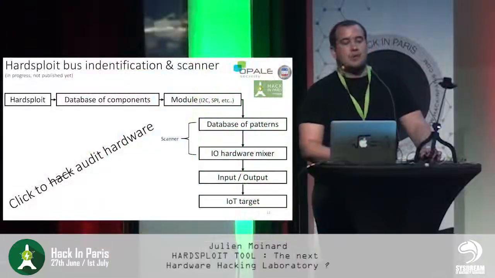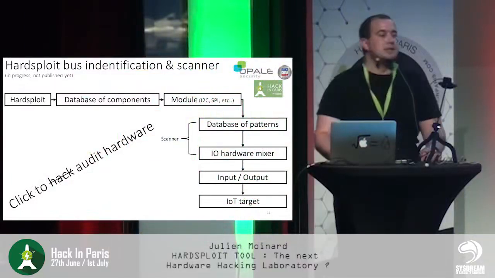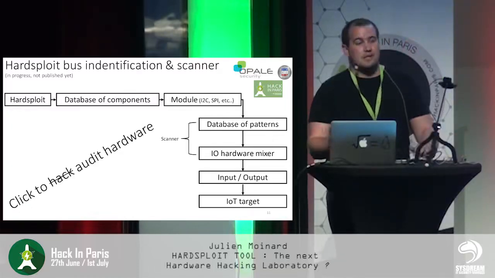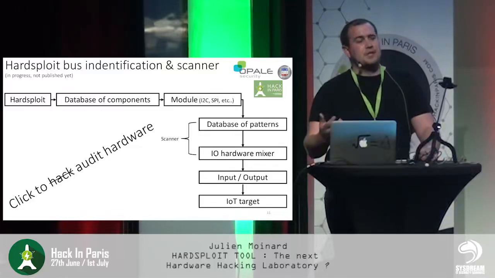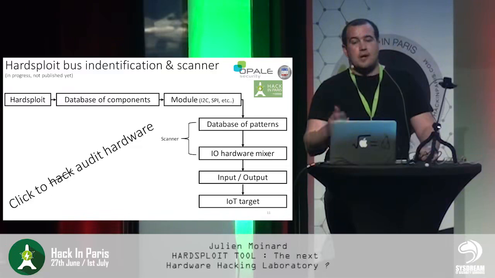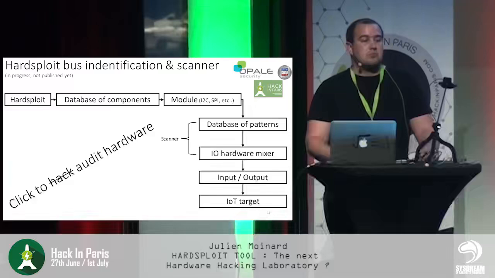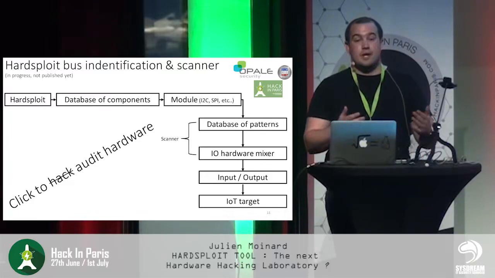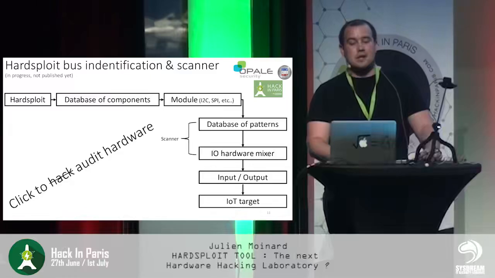I want to add some features to HARDSPLOIT, for example, bus identification. It's not an easy task because it depends on your buses. But for example, for JTAG or SWD in ARM processors, you can send some data to obtain a response. And if you don't have any response, you can say, oh, it's not a good wiring. You can change the wiring and try again and again. And after that, you can obtain access.